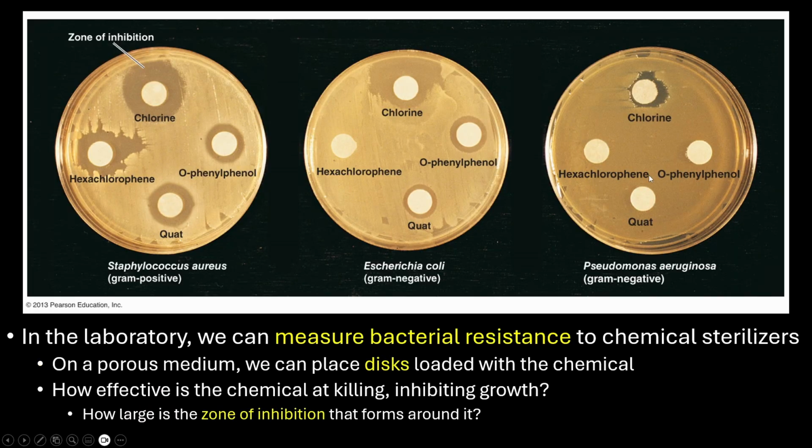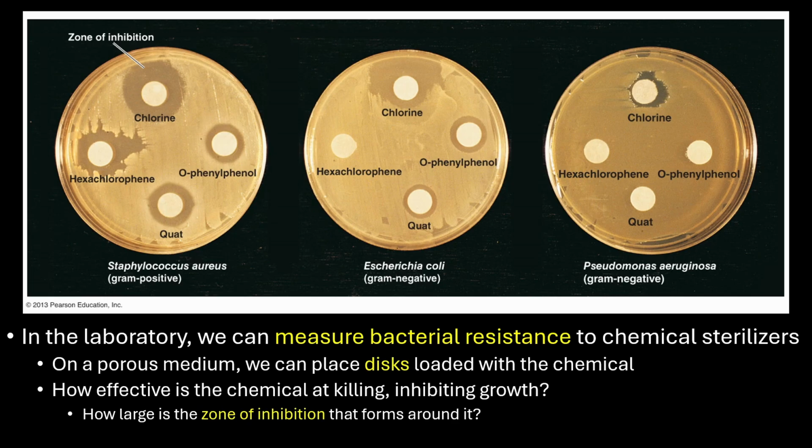In the laboratory, we can actually measure the resistance of different bacteria to different kinds of chemical sterilizers. What we do is we grow the bacteria on a plate, and instead of our usual method of streak plating that you've been familiarized with, we want to evenly spread the bacteria out so that they are uniform across that plate's surface.